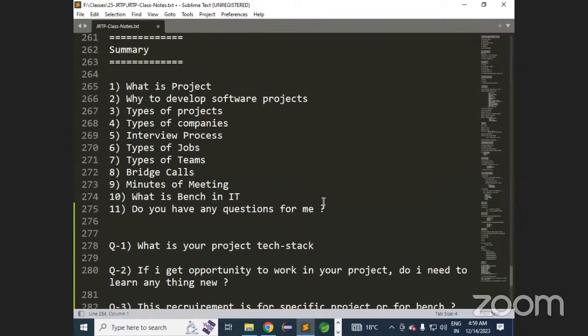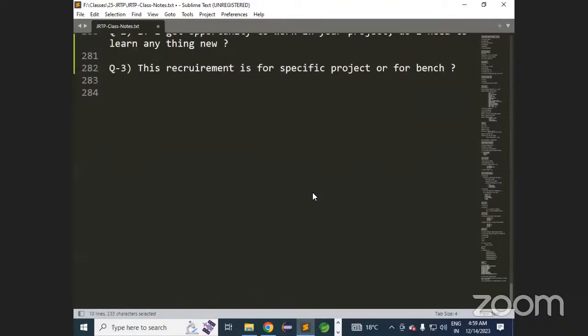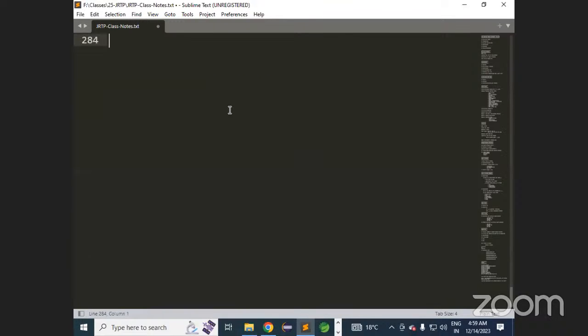So with this, we have some basic information about what is a software project, what is a software team, how they will communicate, all that information. Now, let's get into our project's main agenda.